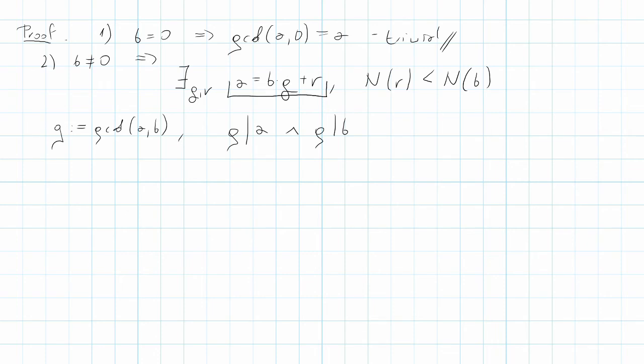On the left hand side we have A and it is divisible by G. On the right hand side we have BQ plus R, and so it follows that G divides the left hand side of the above equality, so it must divide the right hand side.